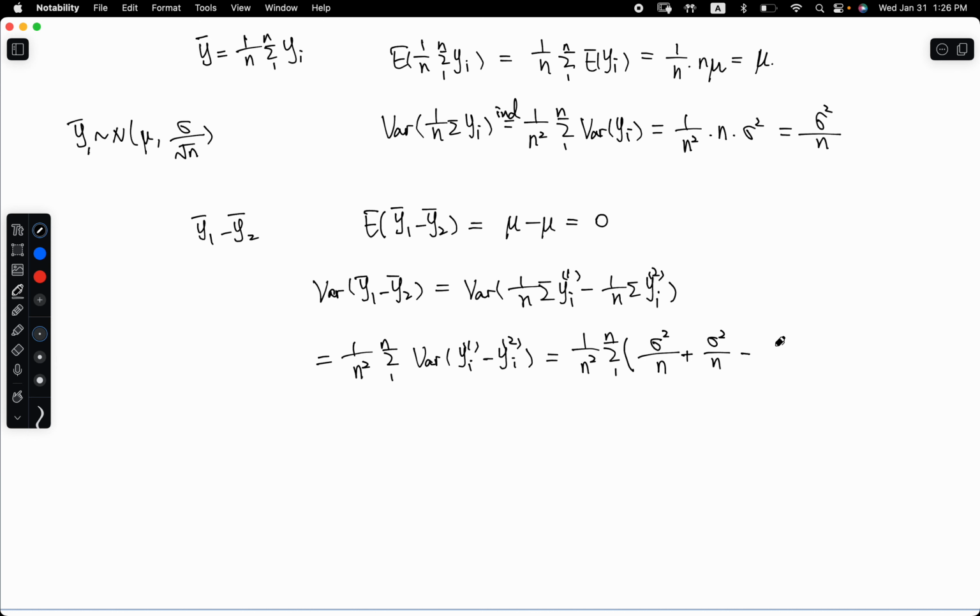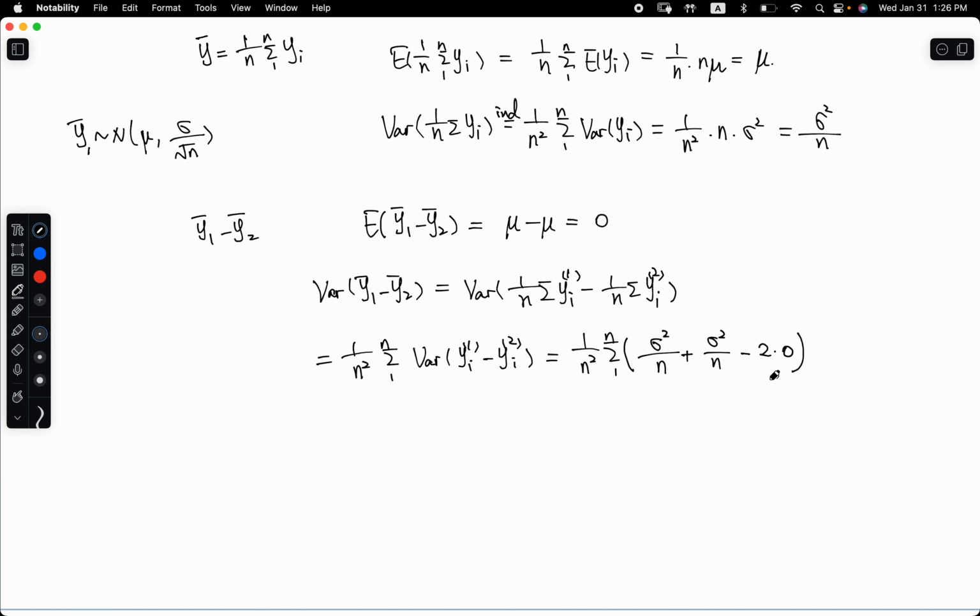And don't forget, you need to multiply by 2 times the covariance. But it just turns out that they are independent, so they are all 0. So there's no correlation or no covariance between the first group and the second group. So that's why you have a 0. But usually you have the variance of y1, the variance of y from the second group, and then plus the 2 times covariance.